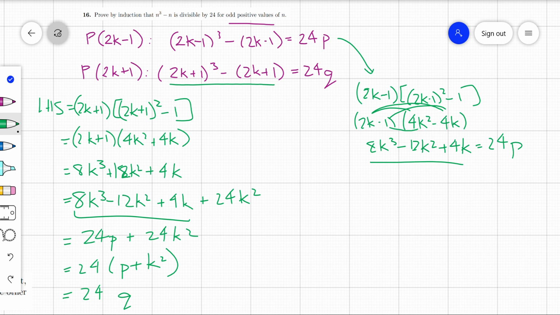That equals our right-hand side. Therefore P of 2k minus 1 implies P of 2k plus 1. Just note that little difference: that is implying our next odd one, which is 2k plus 1. So when we assume this is true, this one is true. Therefore, it's true for all odd positive integer values of n.